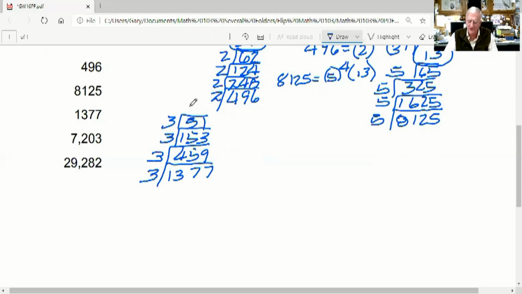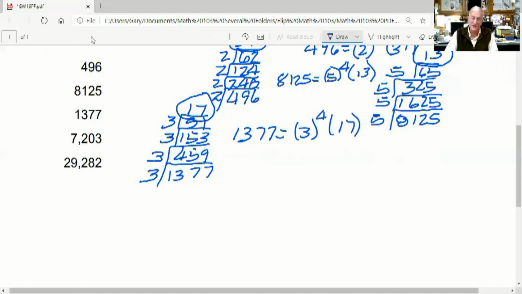It sure is. And you get what? 17. So the crazy number we're looking for here is 17, right? So writing this prime factorization down for 1377, it appears I have 3 to the 4th power times 17. My magical number is the 17.